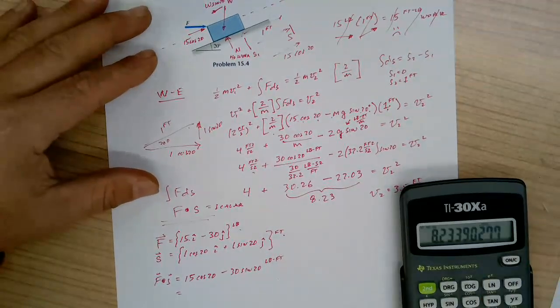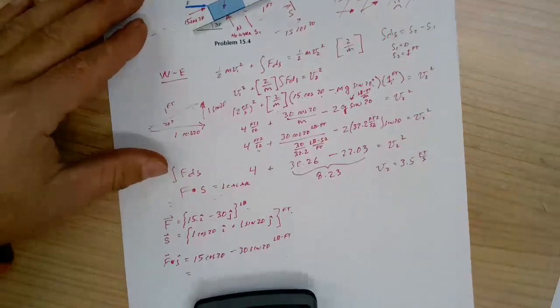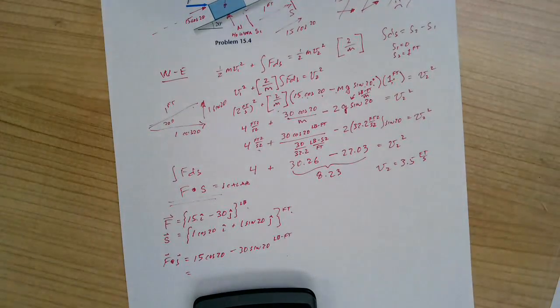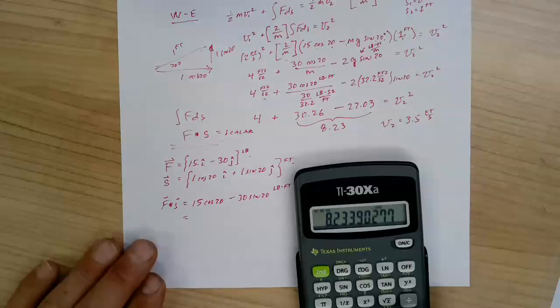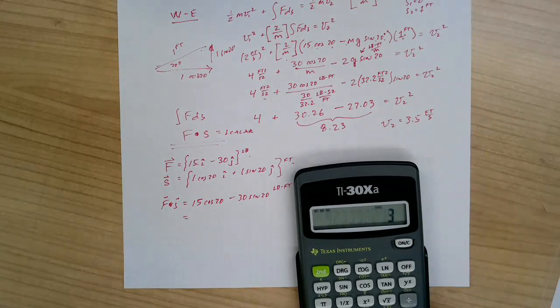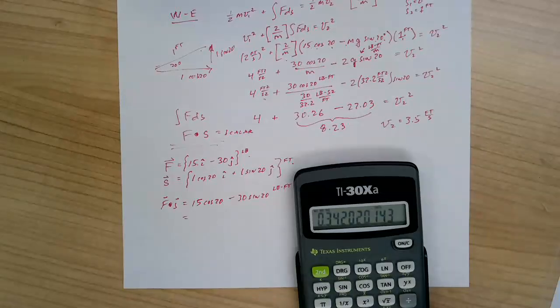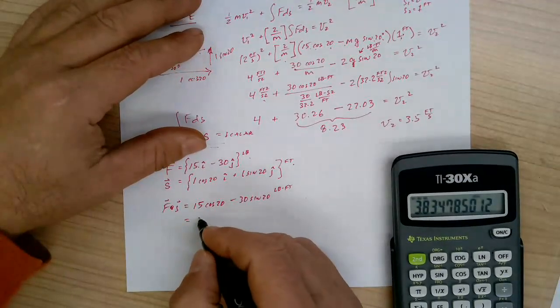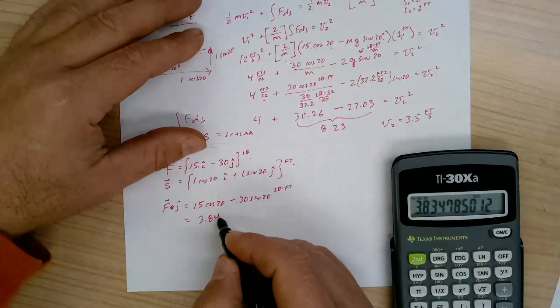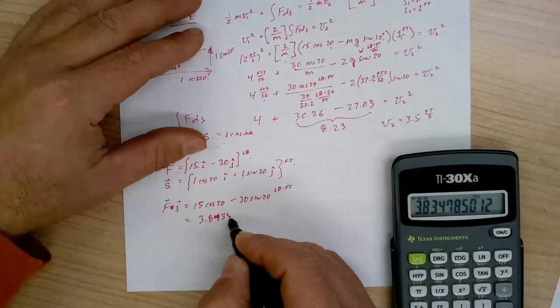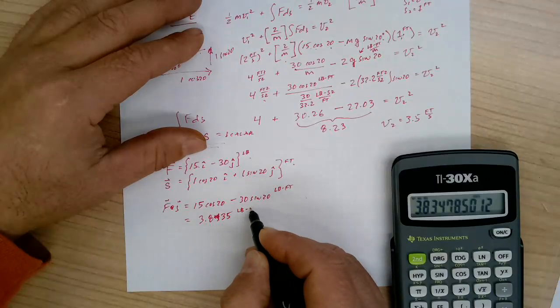Numerically, 30 times sine 20, make that negative, and add to it 15 times cosine 20 equals 3.83 pound feet.